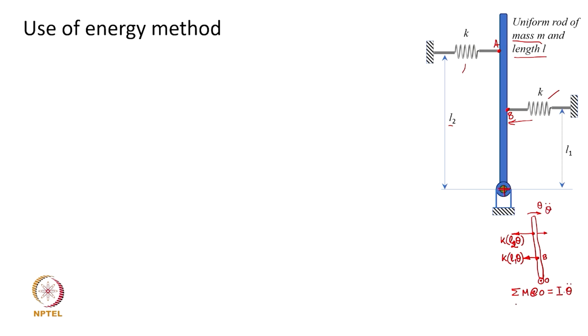Now, obviously, I can write this as I theta double dot equal to summation of all the moments, which are now going to be k into L2 theta times L2, that is the arm length, and then to that I would add the second moment due to this particular spring. So, that is going to be k into L1 theta into L1.